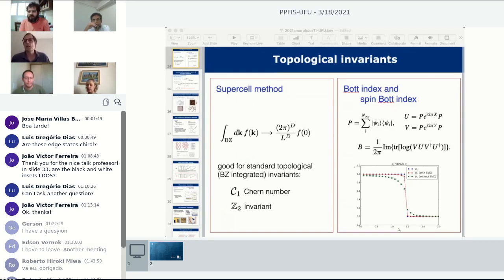And actually, it has some connection with what Tobias was asking. In real materials, DFT people have developed codes to compute this topological invariant, which are incredibly efficient, exactly because of the reasons that Luis was saying.